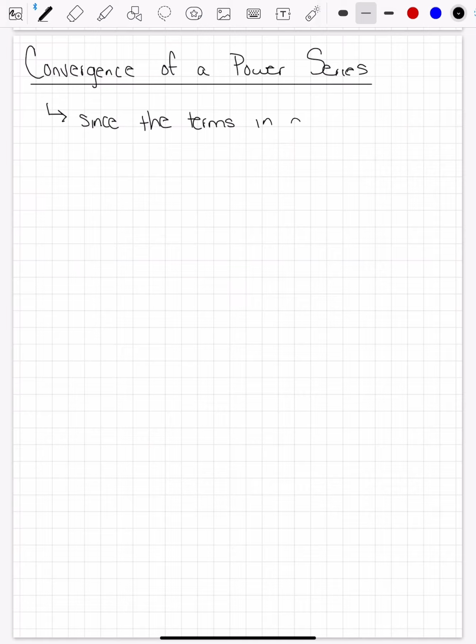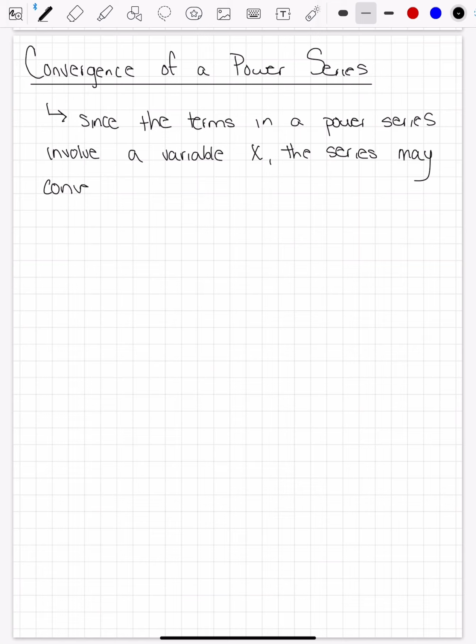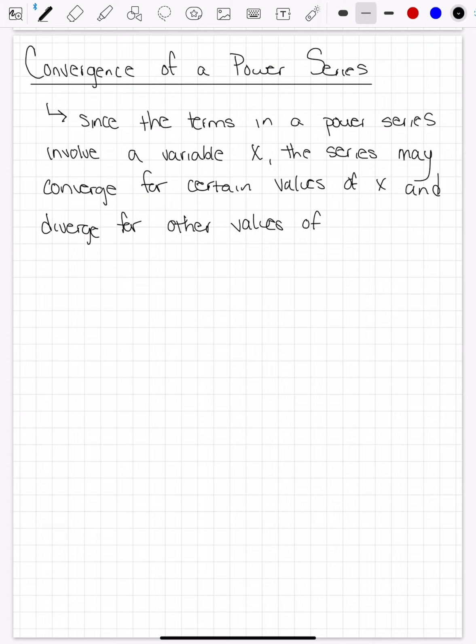So since the terms in a power series involve a variable x, the series may converge for certain values of x and diverge for other values of x.